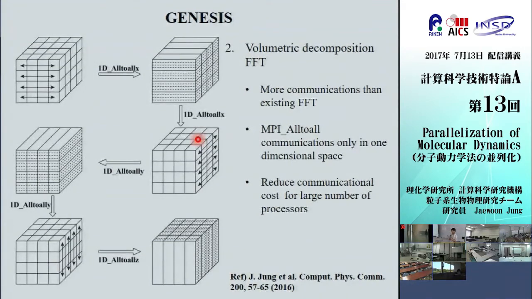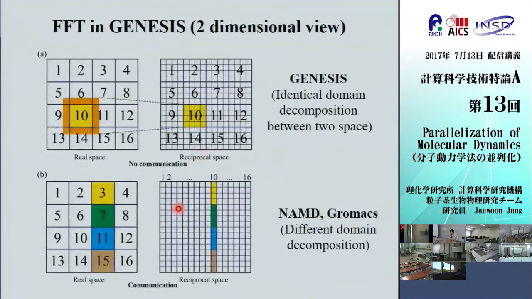So this FFT is not useful for a small number of processors. But if you want to perform very large size data on massively parallel supercomputers, this one can be very useful. Another good thing of this scheme is that we can assign the same decomposition between real space and reciprocal space.